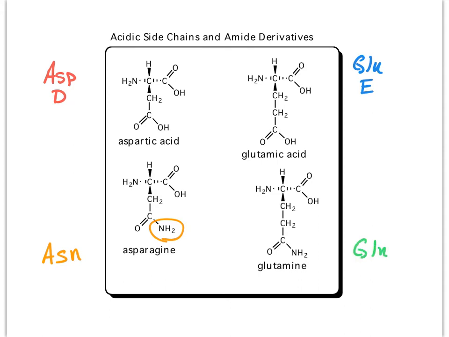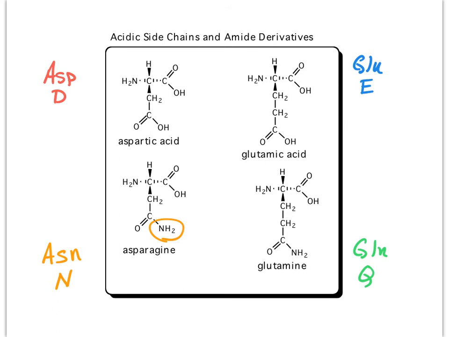That makes sense. There's a pattern there. But the one-letter abbreviations make less sense. Asparagine becomes N, and glutamine becomes Q. So the N is at least in the name, but the Q is a very random choice. This is one we just have to remember.